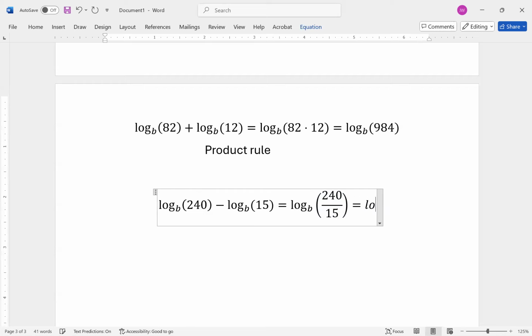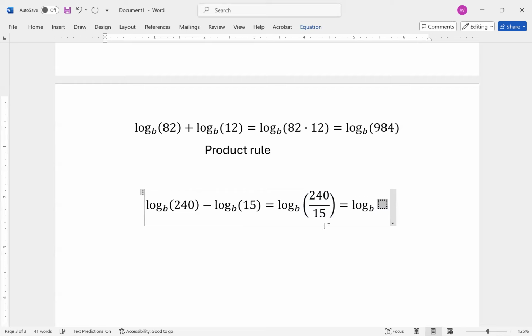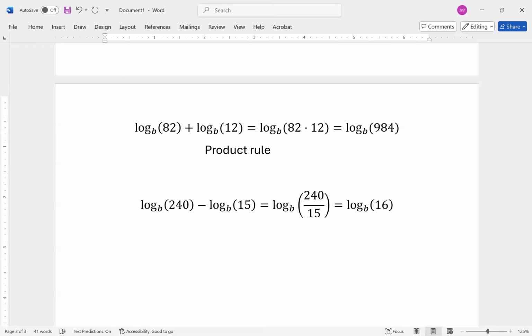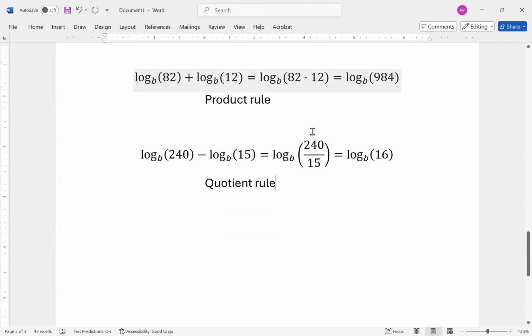So that is log base b of 16. Again, that's a straightforward application of the quotient rule. I'm using the quotient rule to go from first to this second one. Product rule to go from this first one to this second one.